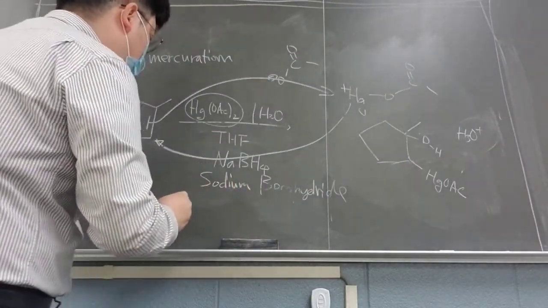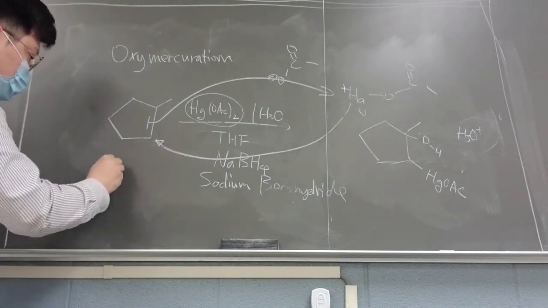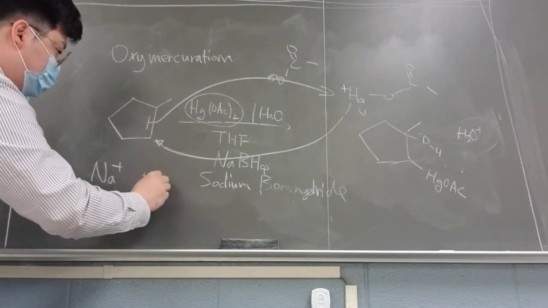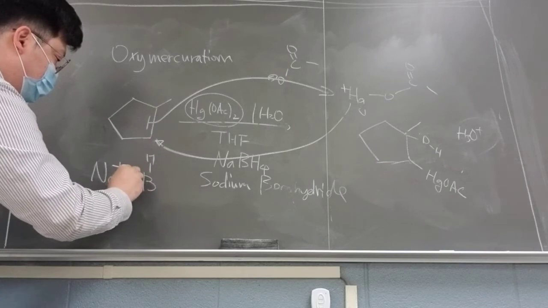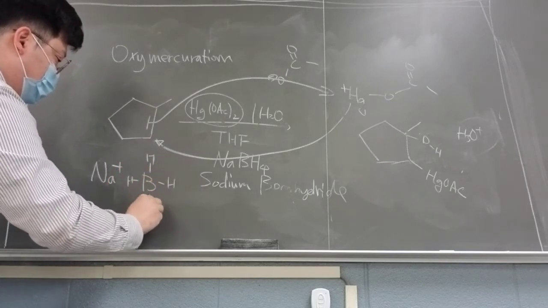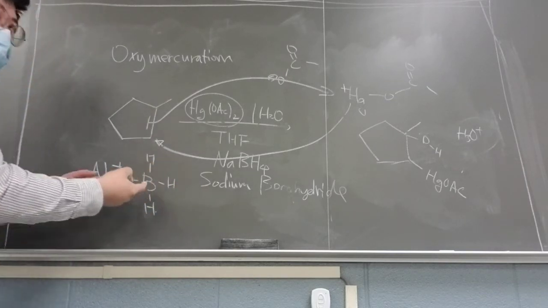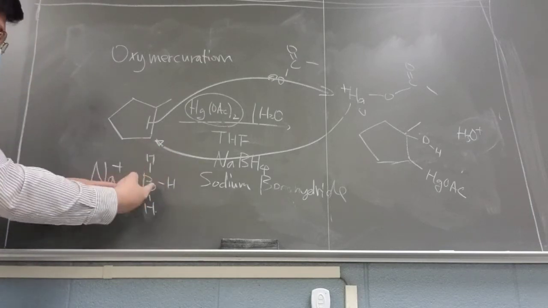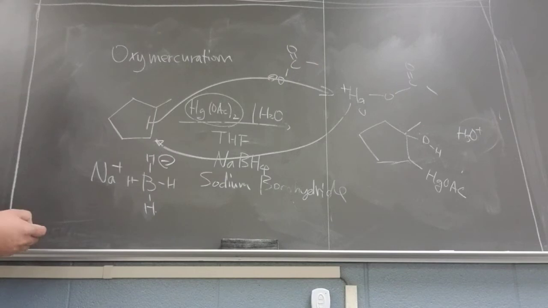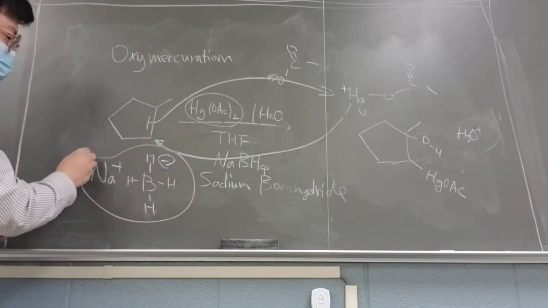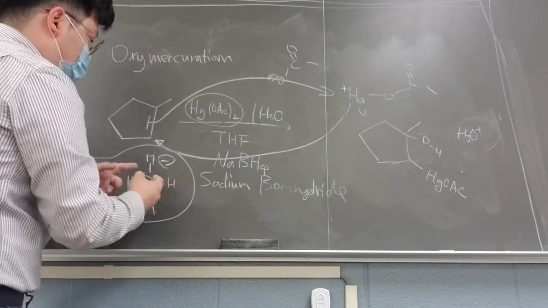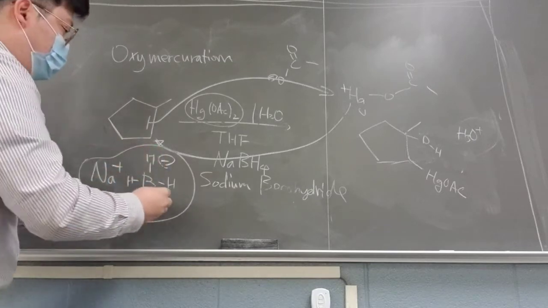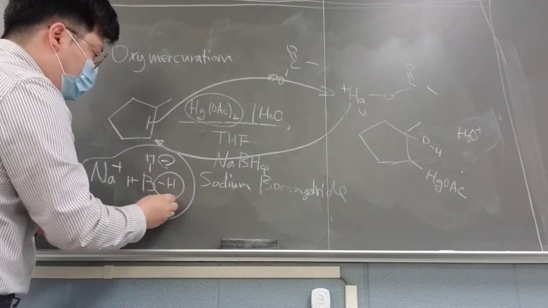So sodium borohydride looks like this. The bond is actually 3, but it has 4 hydrogens here, right? So it will be negatively charged. So they kind of pair up like this, and this negatively charged species is really good at donating the hydride.